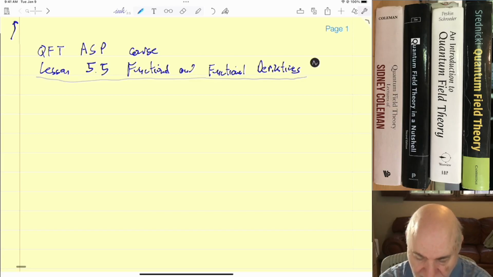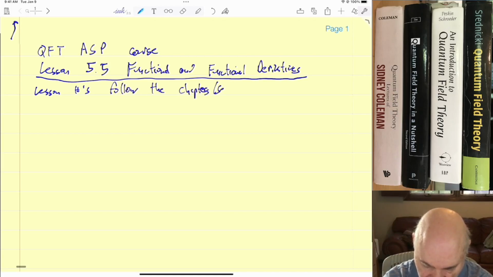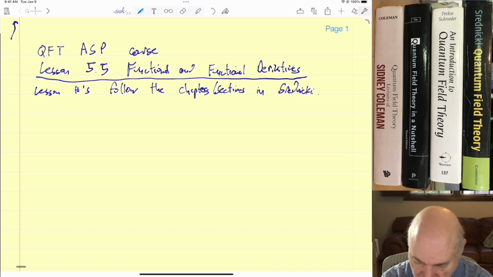First of all, with respect to the numbering, what I'm doing in my course is that lesson numbers follow the chapters or sections in Schwartz's book. But I'm adding lessons on things that aren't covered in Schwartz, or are covered later in spinors or gauge theories.